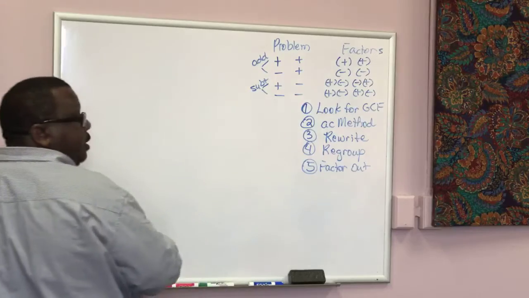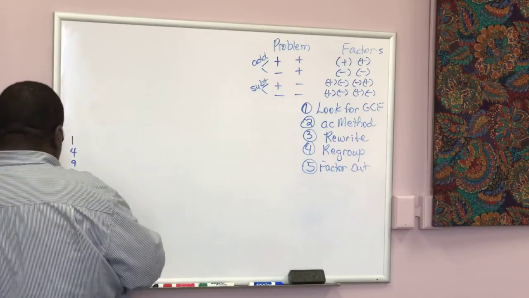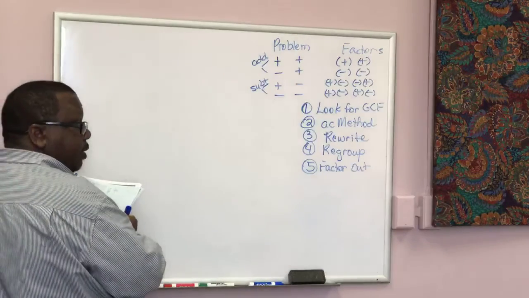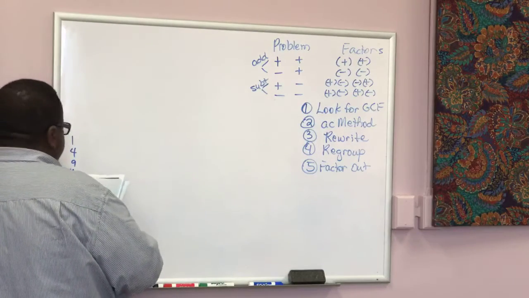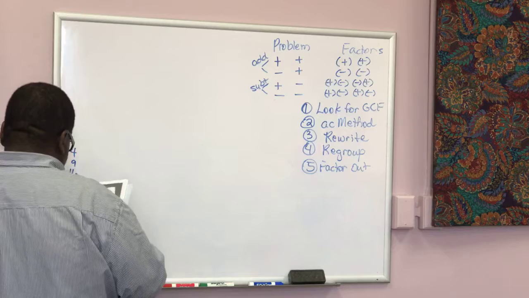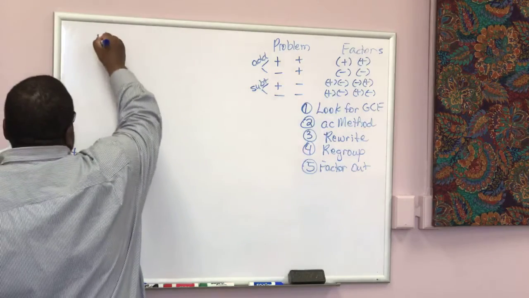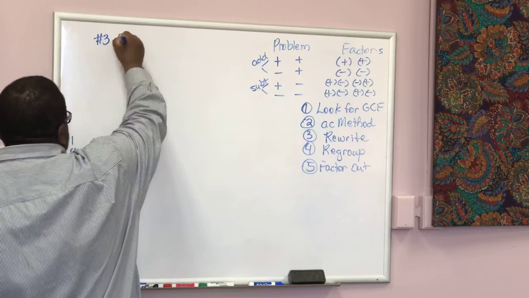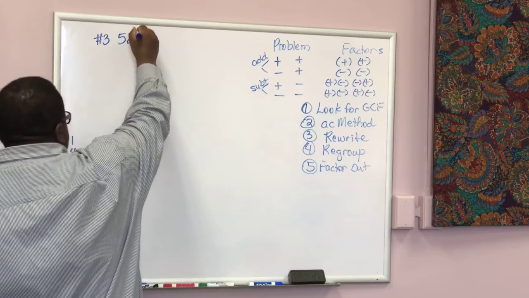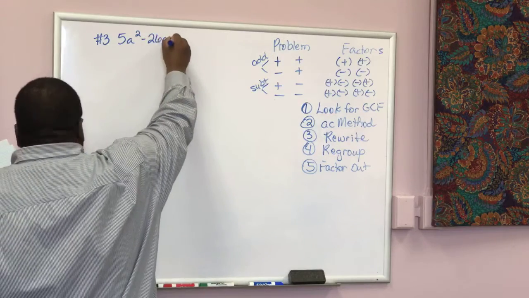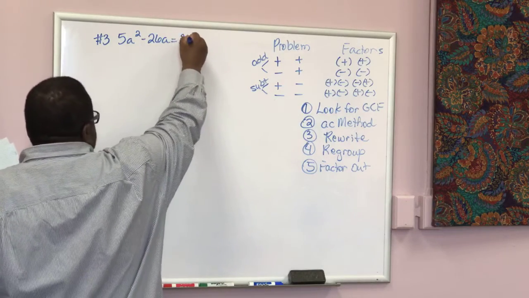All right, so let's look at, what number did you say again? Number 3. Number 3 says 5a squared minus 26a equals what? 24.